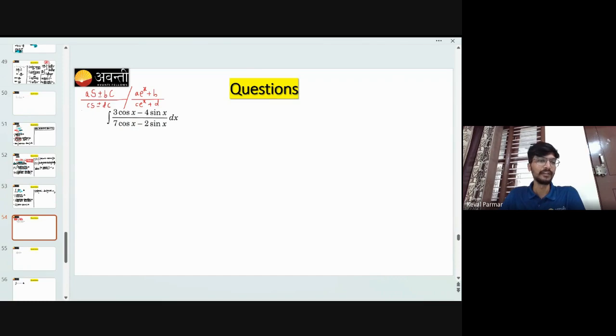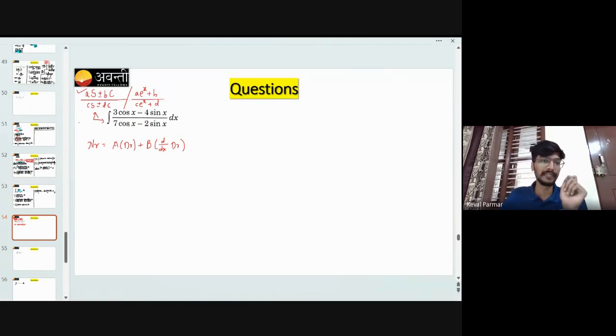So if any of this format comes, this is this one. ये वाला तो ये है ना. What we do is we write numerator is equal to a into denominator plus b into derivative of denominator.